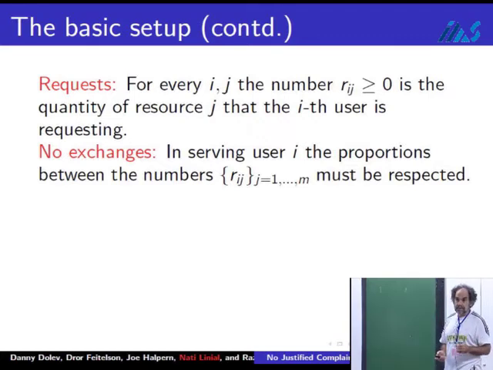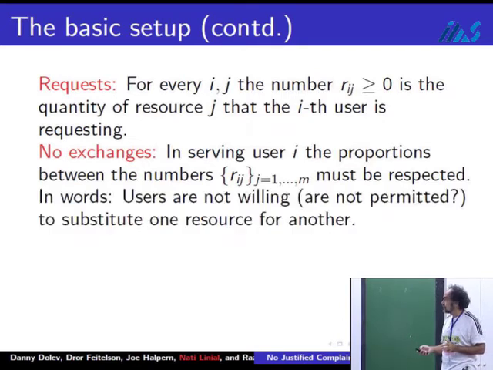We're in a situation where you cannot exchange. So if you're thinking about the computer system application, it's not possible for you to, for example, have more CPU and less bandwidth, and you would still be able to do what you want. So these numbers are fixed.